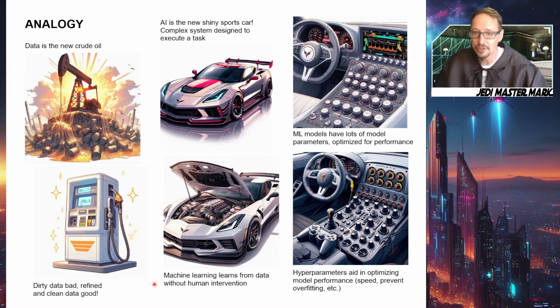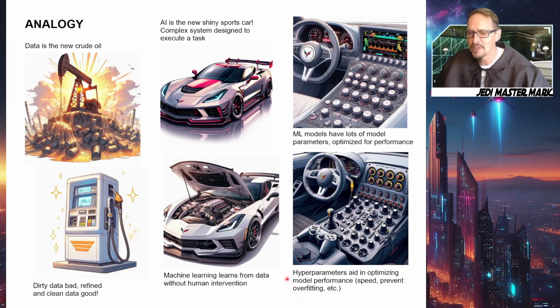But machine learning is often what powers it. These days, machine learning is really what makes AI perform so well. These machine learning models are going to have lots of model parameters, which are going to be optimized for the performance of that model.